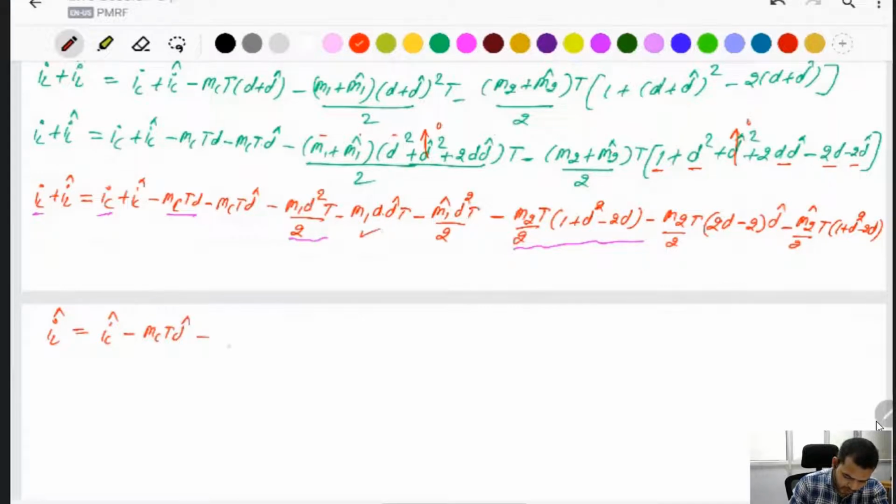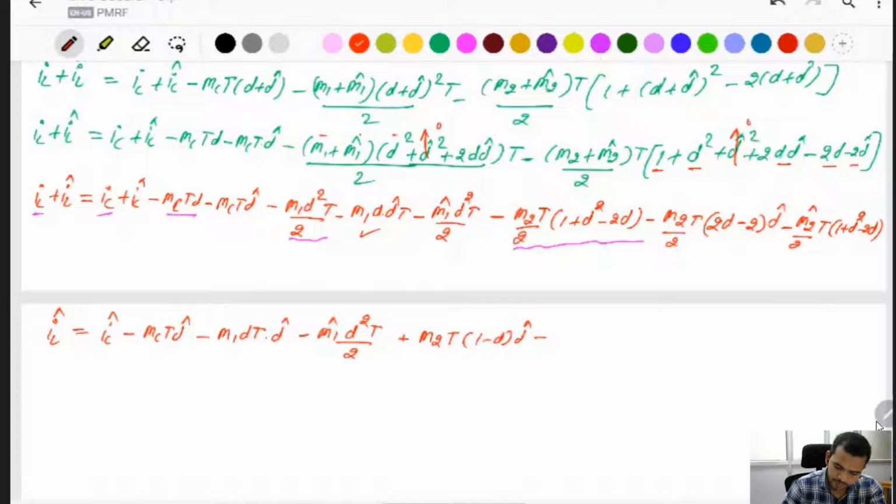This one term is present: M1 dt into D cap, M1 cap D square T divided by 2. M2 T: if you take a common minus here, then you find (1 minus dt) into D cap, and M2 cap T by 2, then you find (1 minus D) square here.